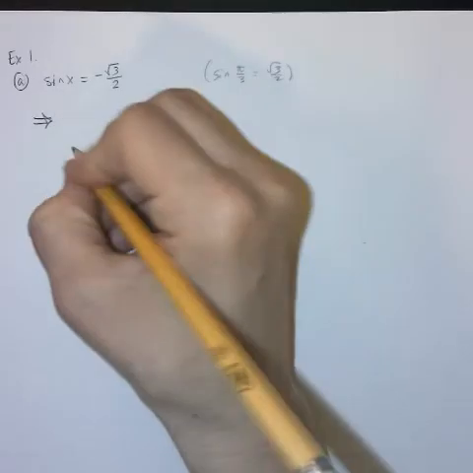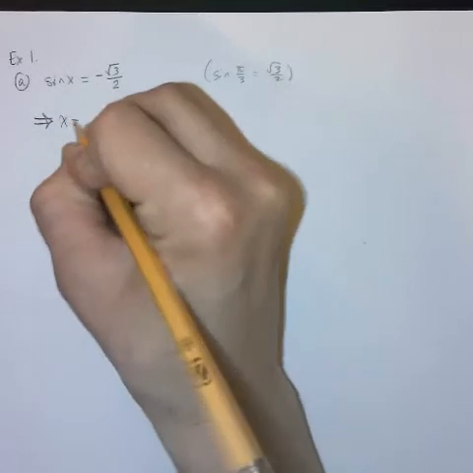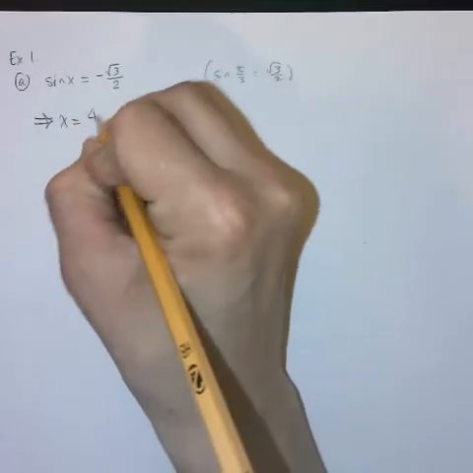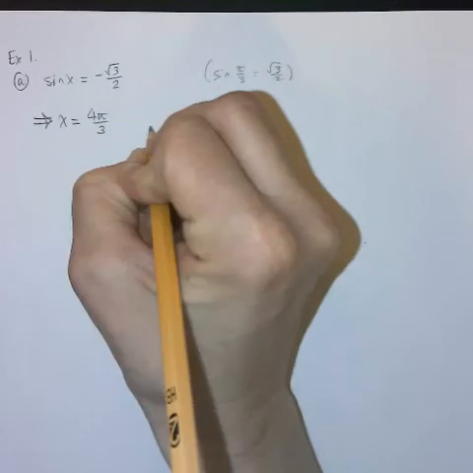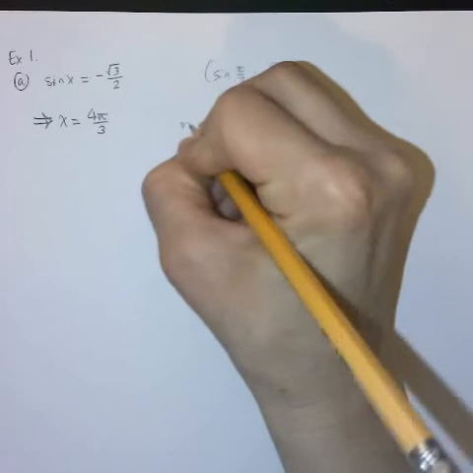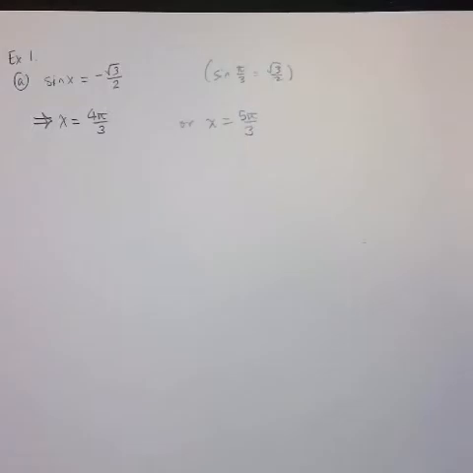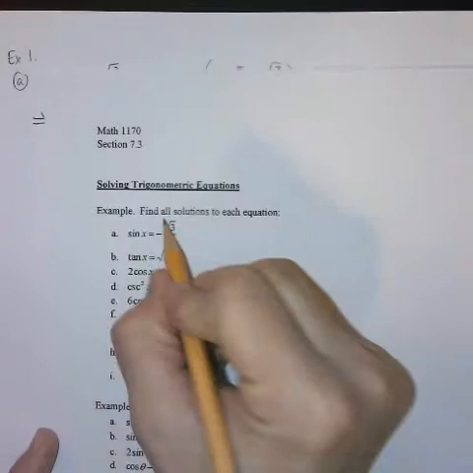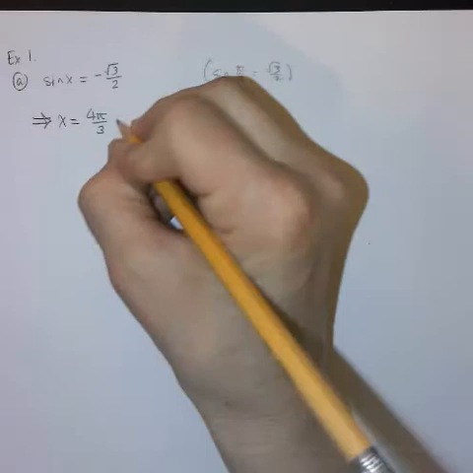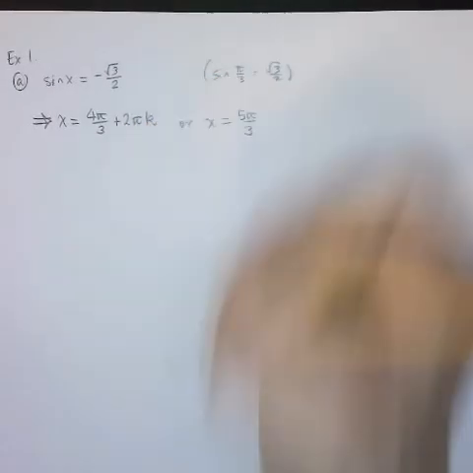So from here we can conclude that x would have to be 4 pi over 3. That would be the quadrant 3 solution. Or x would be 5 pi over 3. That's the quadrant 4 solution. But then we want all solutions, so we will add the period to that, or subtract the period.